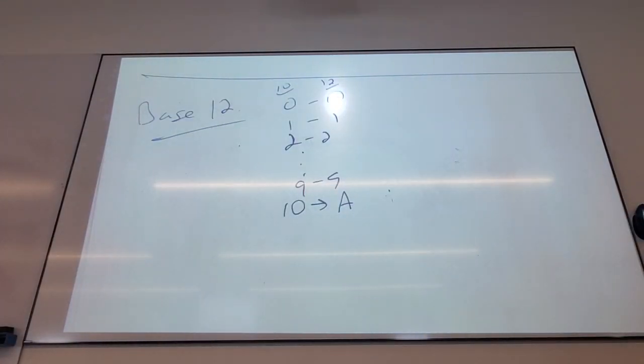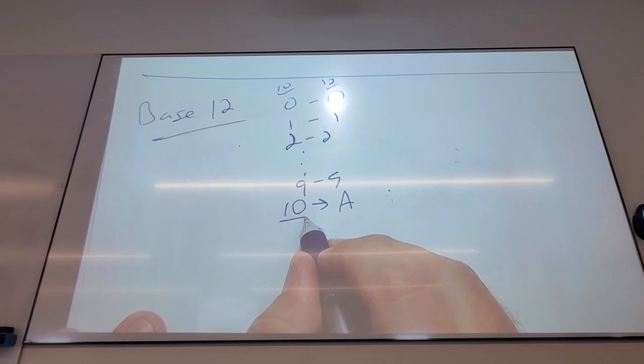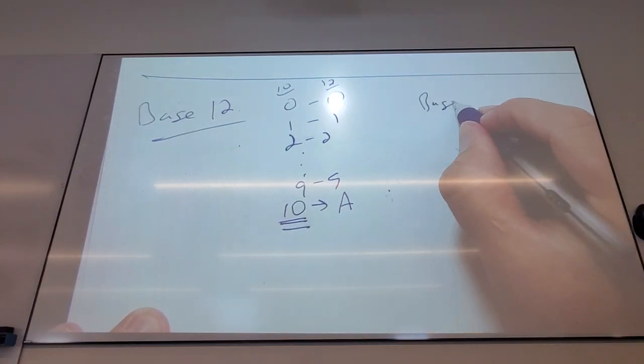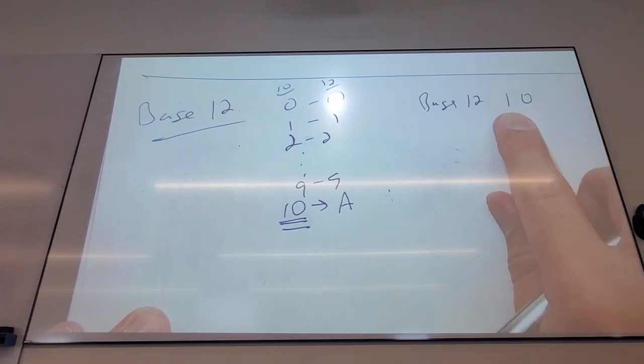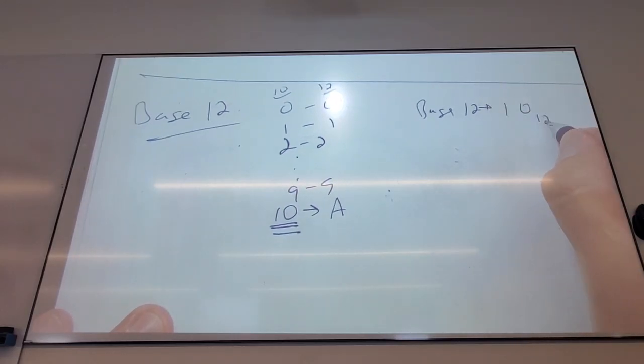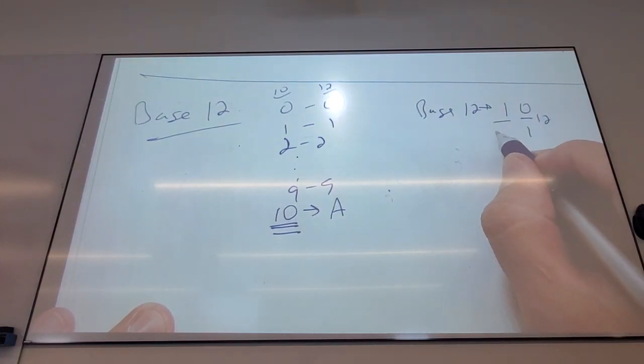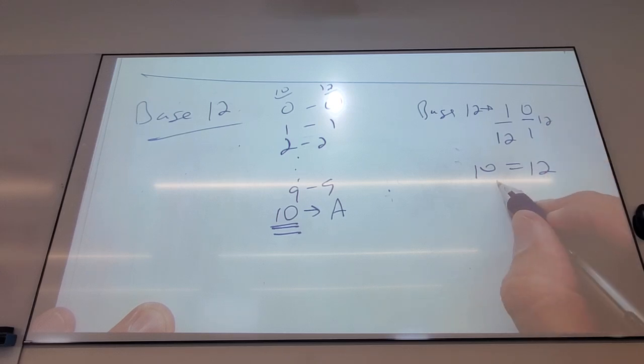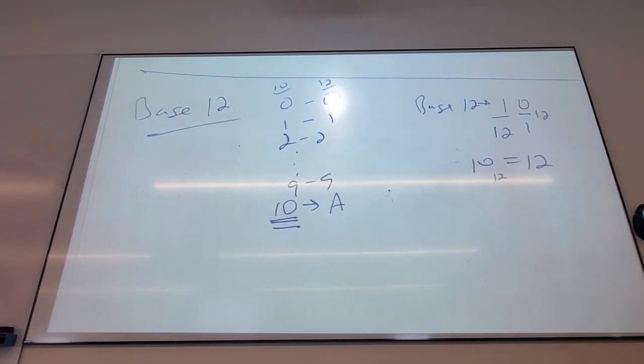So, we cannot use this because, real quick, in base 12, what would this mean? What are the places? Yeah, I heard you, you're right. This is the ones place, this is the twelves place, so 10 means 12, yes? 10 in base 12 means 12.